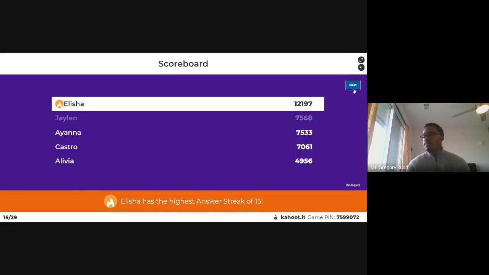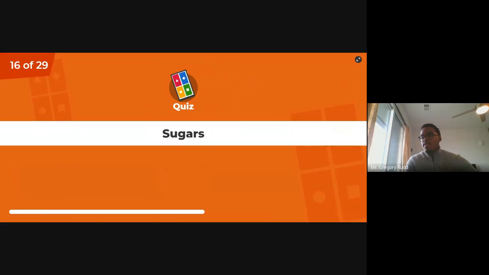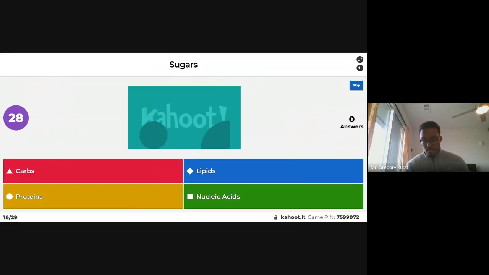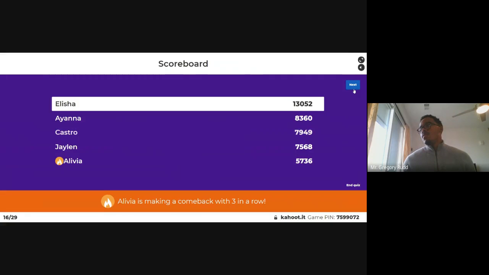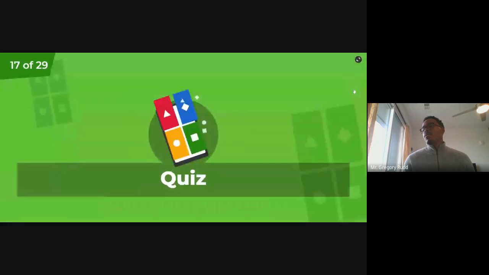Lipids, they're also lipids. Another one, sugars are an example of... yep, sugars are carbs, carbohydrates. Said that already. Good. Let's keep going.